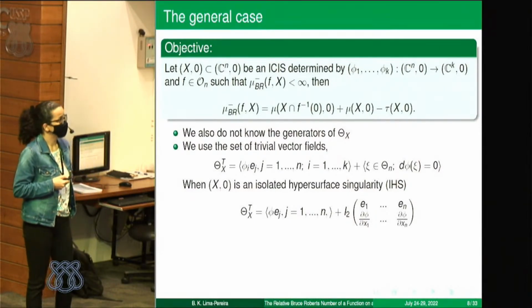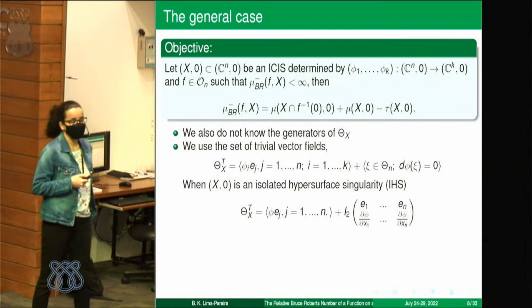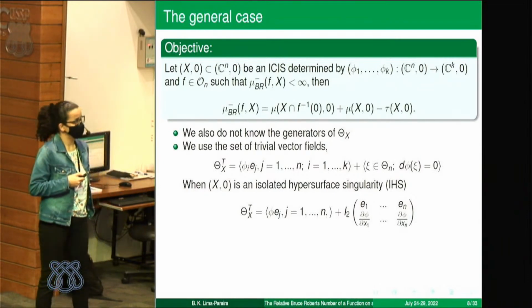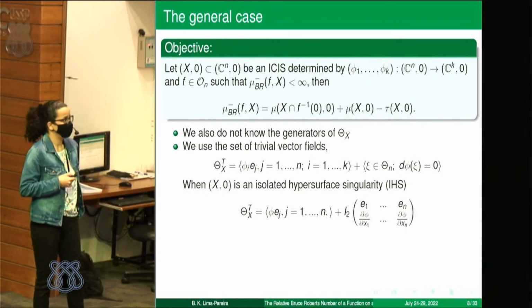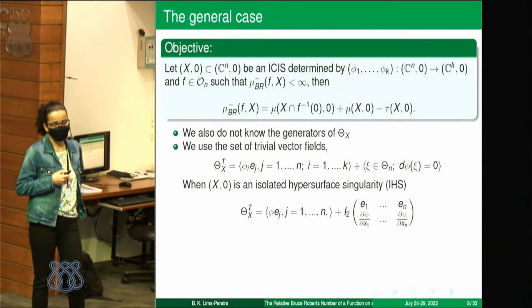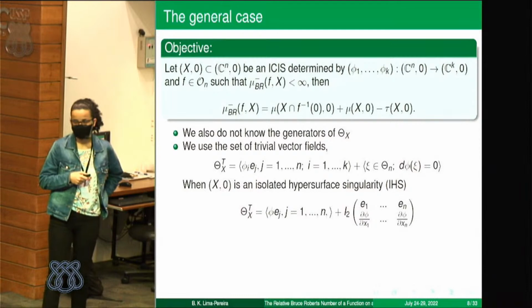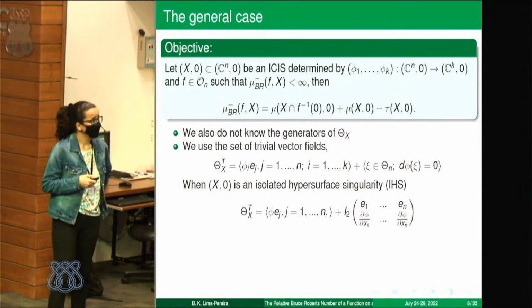We consider the set of trivial vector fields, theta X t. And theta X t is generated by these vector fields, with j from 1 to n and i from 1 to k, and the vector fields that vanish the differential of phi. And this map phi is the map that defines the variety.